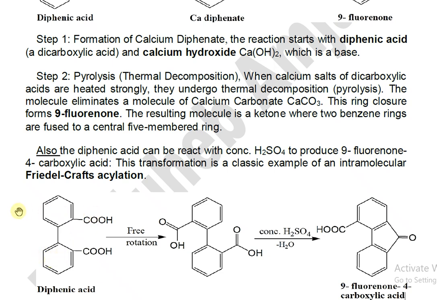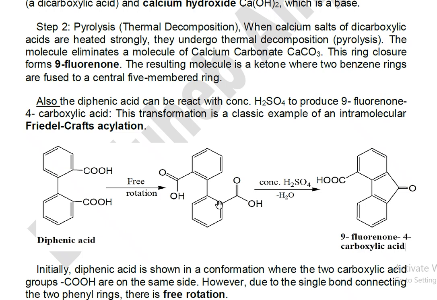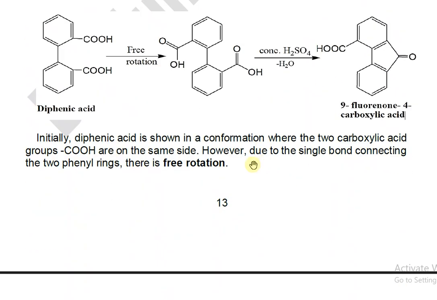This group will be converted to this side to give us this molecule. And here we have cyclization with this position, using concentrated H2SO4 to remove H2O molecules, to give us 9-fluorenone 4-carboxylic acid.